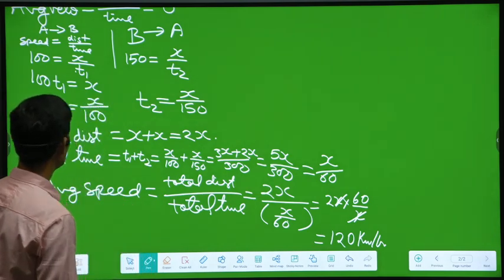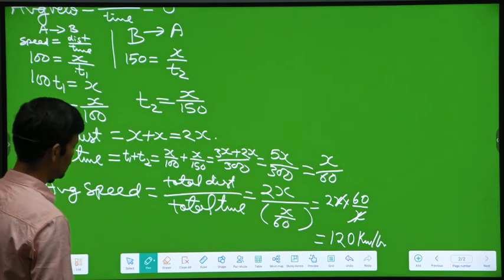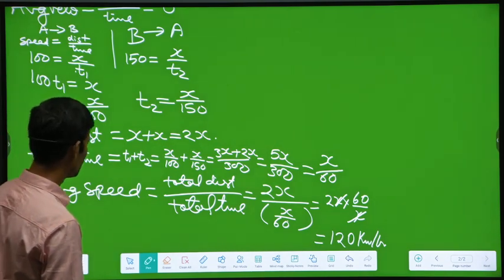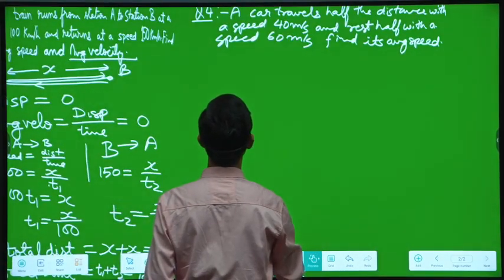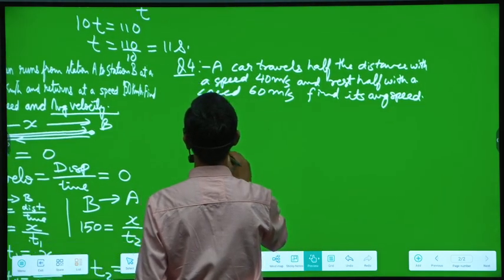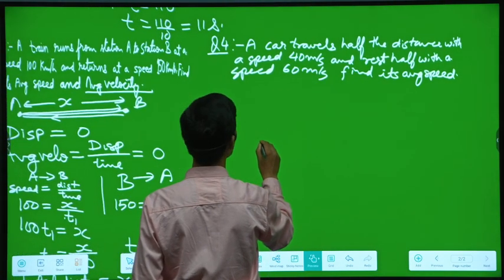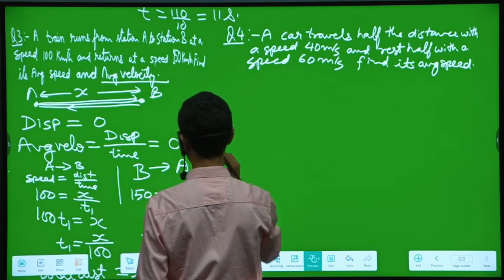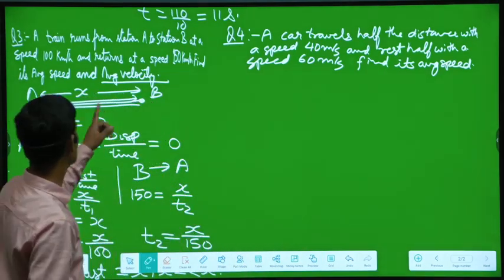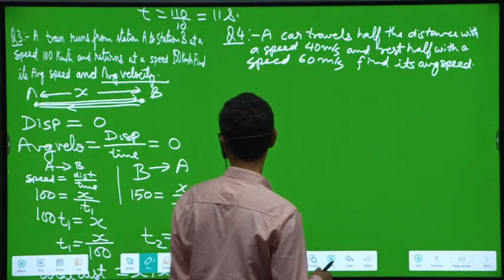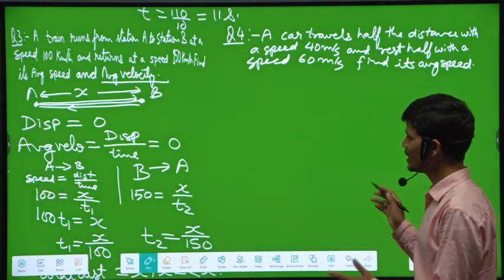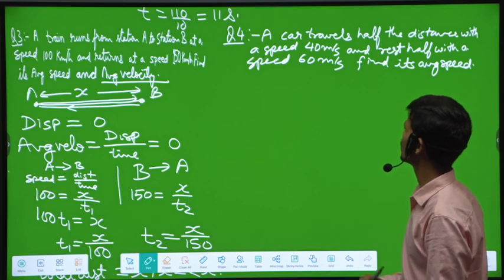It's a lengthy question. There is a shortcut for it also. But before that, let's try this one. But the shortcut will work for only this type of question where the same distance is traveled and only two speeds are given. So let's try that method for this question.